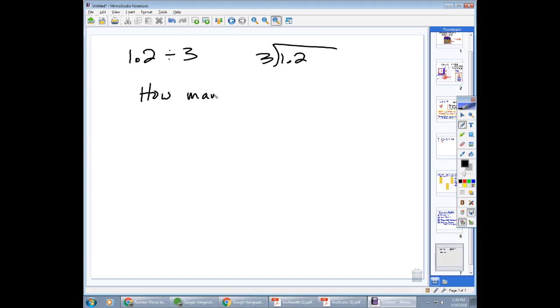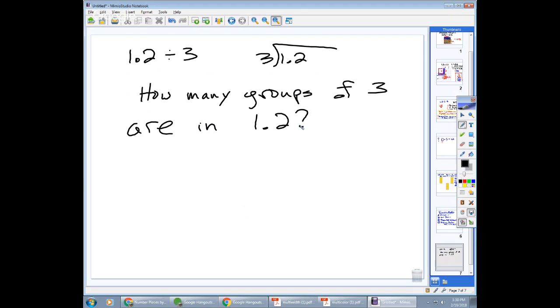So how many groups of 3 in 1 2/10? Here we can definitely change our perspective. Instead of thinking of that as 3 wholes, we can just think of that as 3 things and be a little more general.